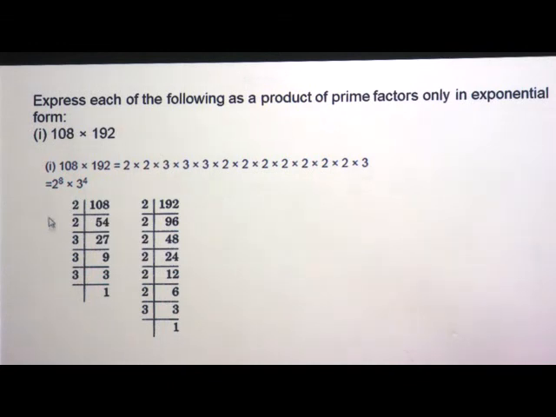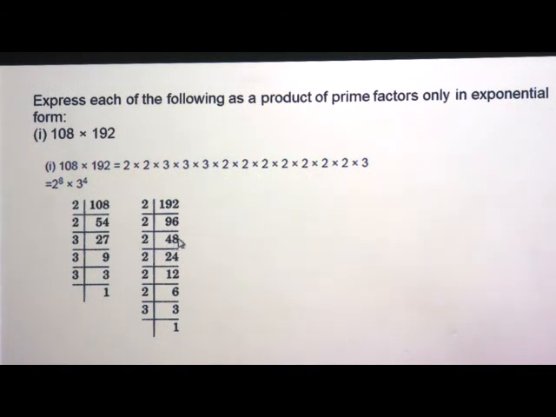Same way we have to find the prime factors of 192 by the division method. Now, it is an even number in the ones place, so it is divisible by 2, giving remainder 0 and 96 as the quotient. Again we divide by 2, giving quotient 48.